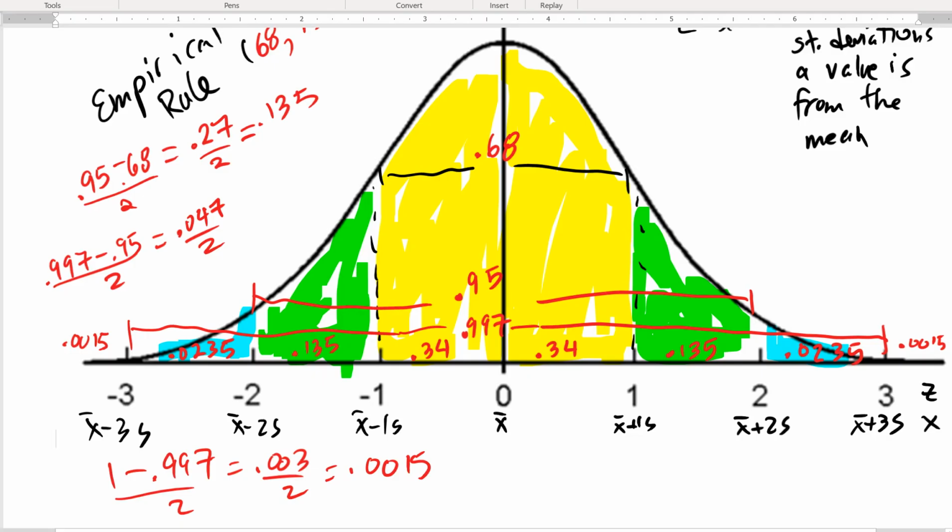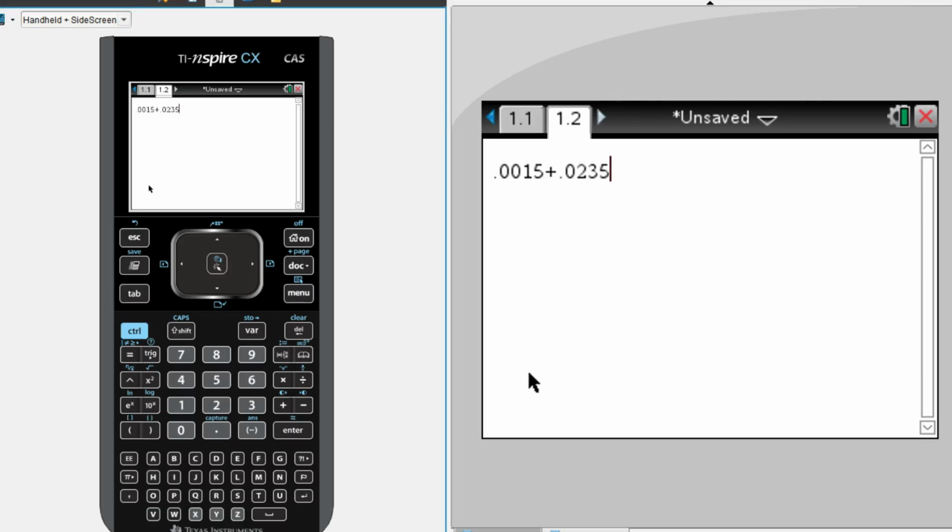Let me double check. Nope, 235. Hey, look at that. 0.0235 plus 0.135 plus, what was that one? Half of 68, so 0.34. So 0.135. All right, so I'm going to stop at this point.